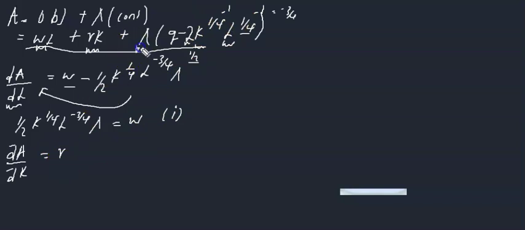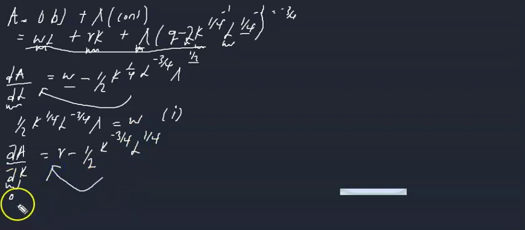Multiplied by lambda here, it will be just negative half K to the new power, which is negative 3/4, then L will be 1/4. Then if we zero that, we take that to the other side like we did, we're going to have a half, then K^(-3/4) L^(1/4), then this will be equal to R.